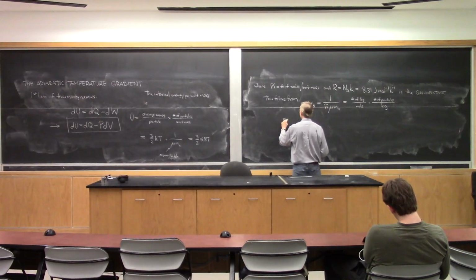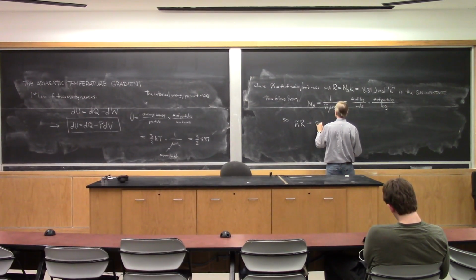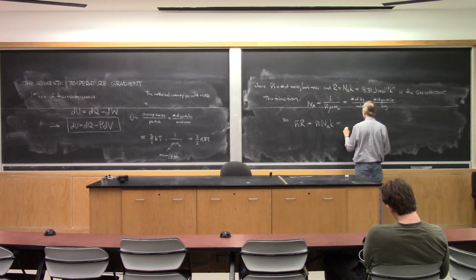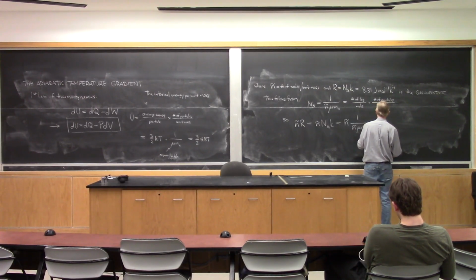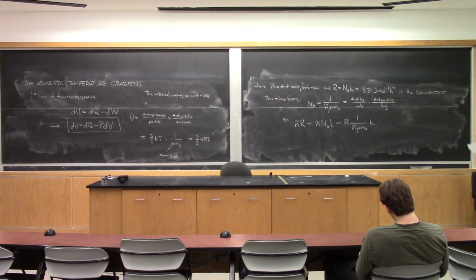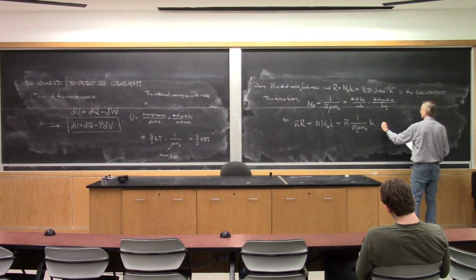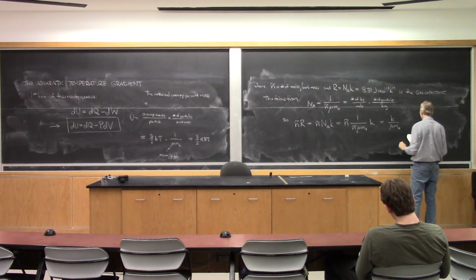So that says that n tilde r is equal to n tilde times Avogadro's number times k, which is n tilde times 1 over n tilde mu mh times k, which equals k over mu mh.